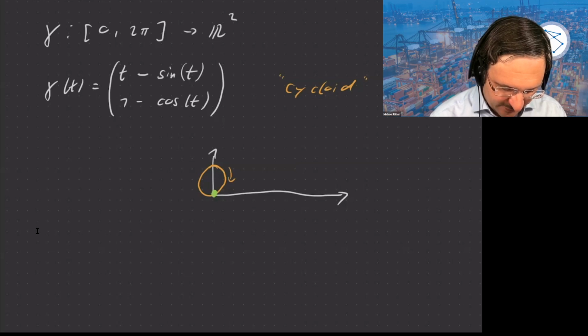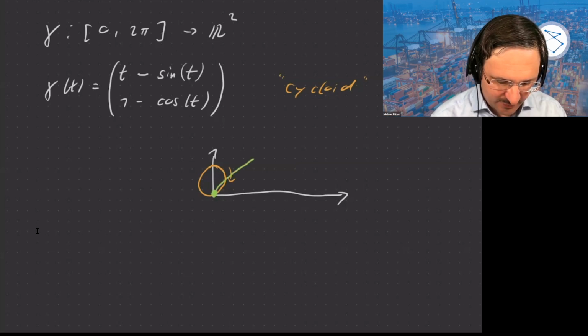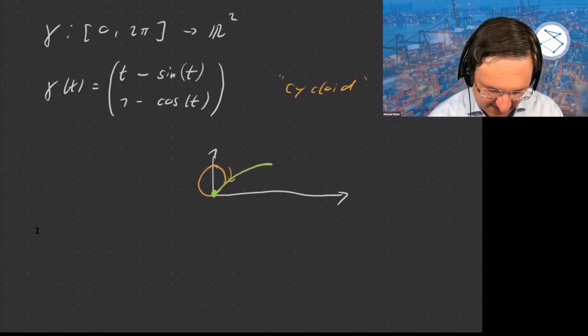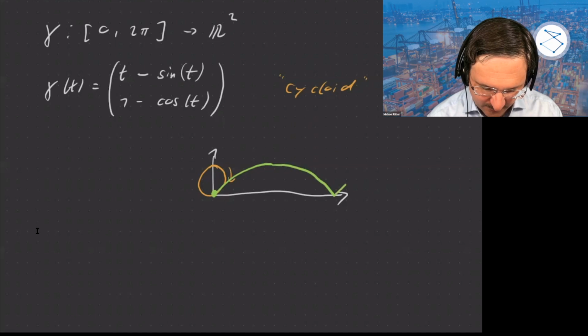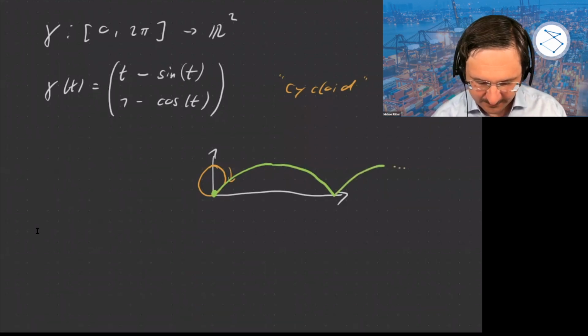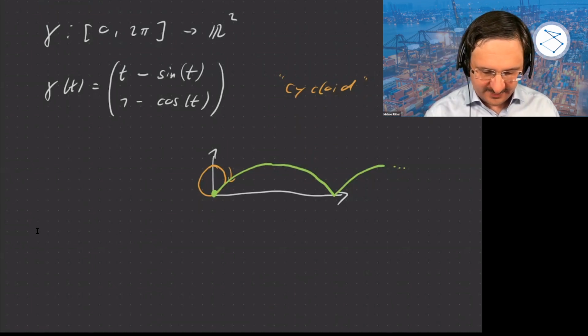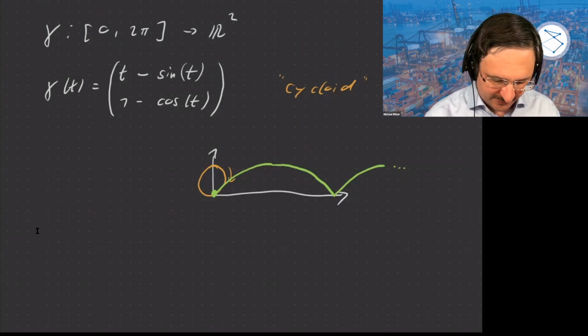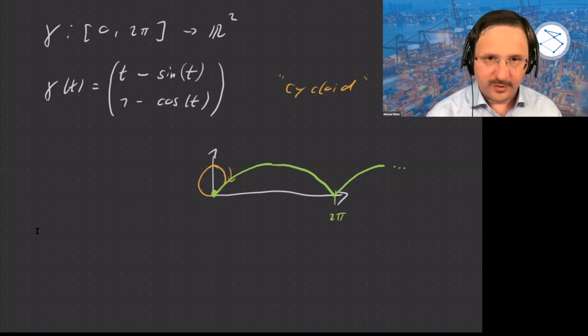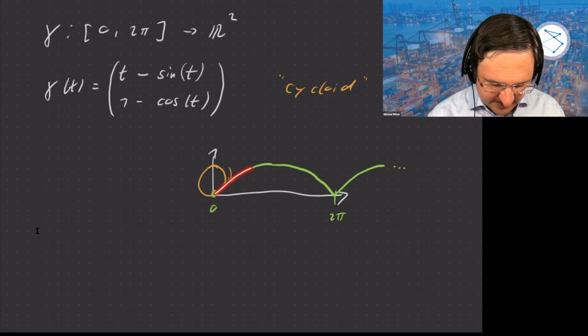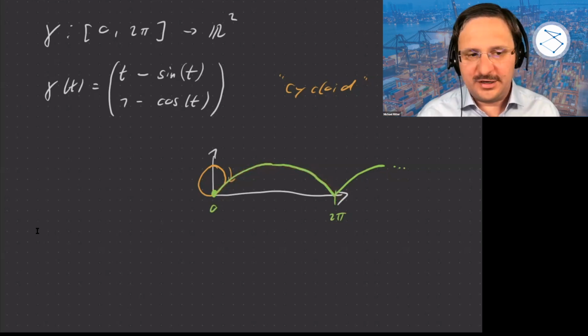That point will then start to rise as the wheel moves up to a certain point like this, and then it will start to decrease like this, and then it will rise again, and so on, right? So the movement of that point is modeled by this curve. Basically, what we have here is a curve that looks like this. Here's the point 2 pi, one full rotation of your wheel, here's 0. So this curve here, that's our gamma of t.